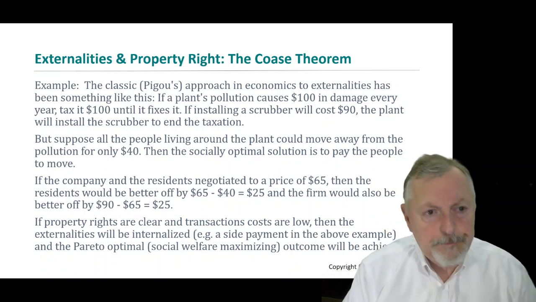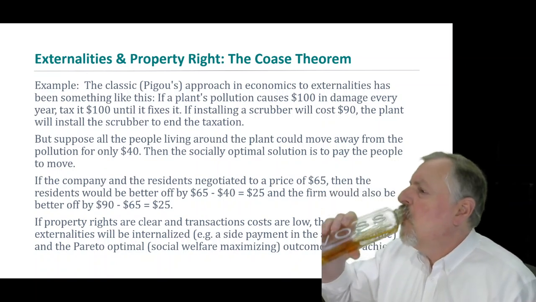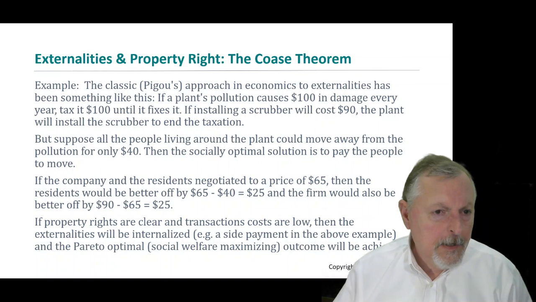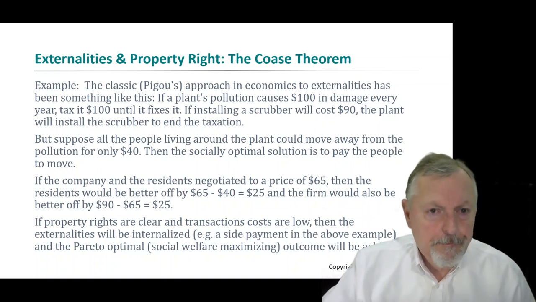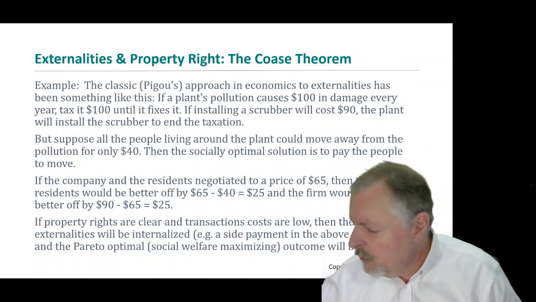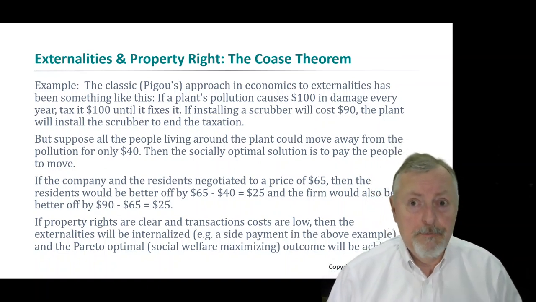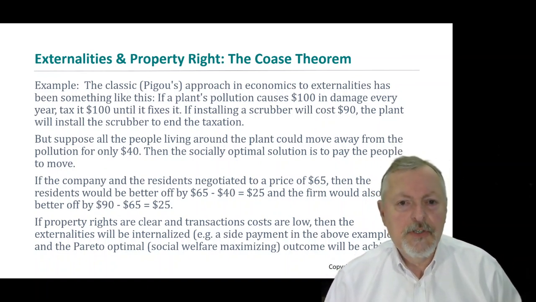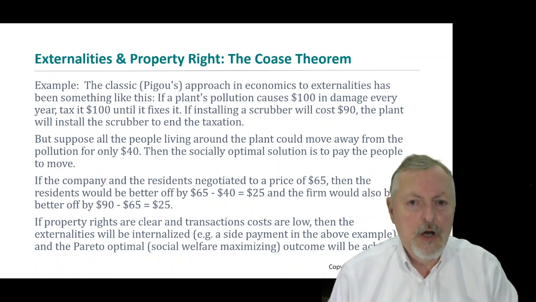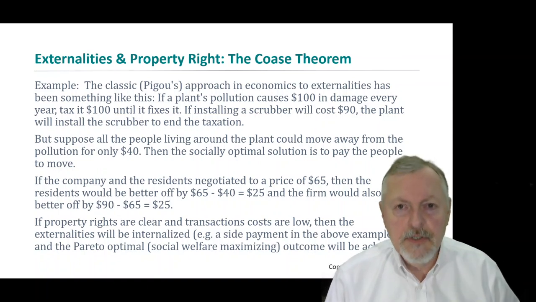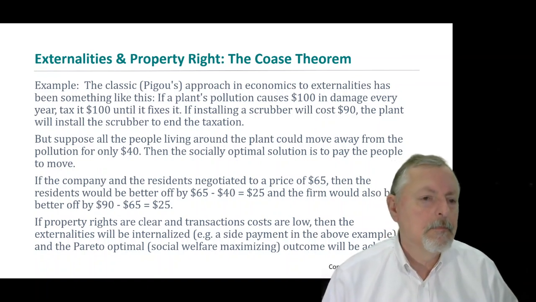Now, an example. The classic Pigovian approach in econ to externalities has been something like this. Let's say that there's a plant and it puts out pollution, which causes $100 in damage every year.